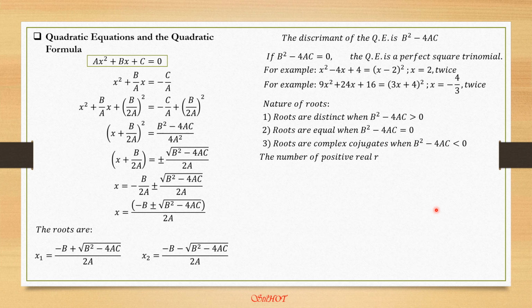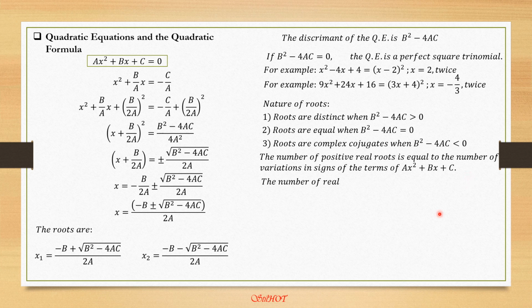So the number of positive real roots is equal to the number of variations in signs of the terms of ax squared plus bx plus c. The number of negative real roots is equal to the number of variations in signs of the terms of a times negative x squared plus b times negative x plus c. So in other words, for the number of negative roots, you just replace x by negative x.